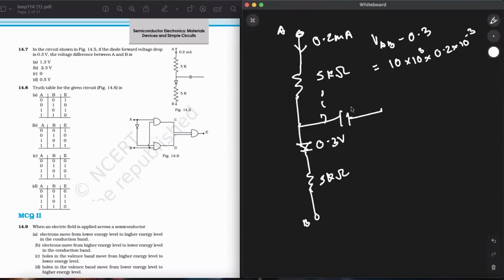It's absurd to think like that. And also, this is a capacitor over here. So VAB minus 0.3 will be equal to 10 into 10 raised to the power of 3 into 0.2 into 10 raised to the power of minus 3, which gives 2. So VAB, the voltage across AB, will be 2.3 volts. That will be the correct answer.